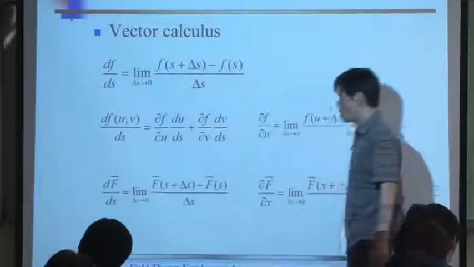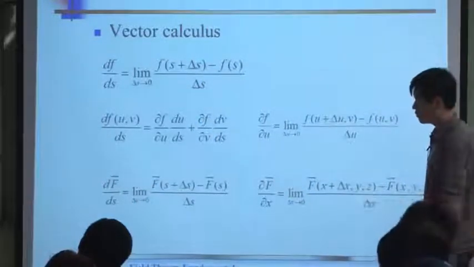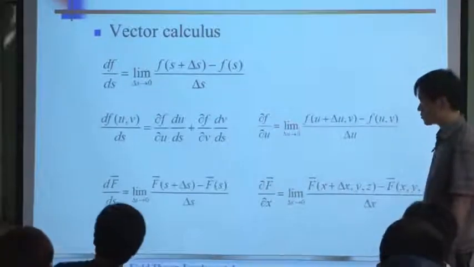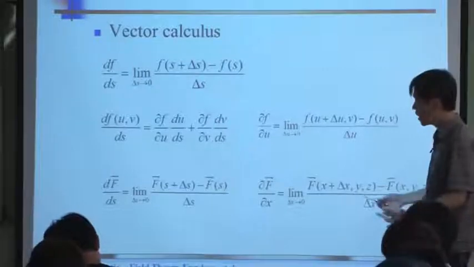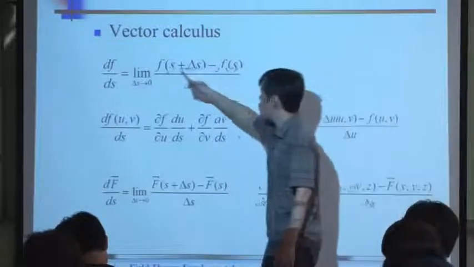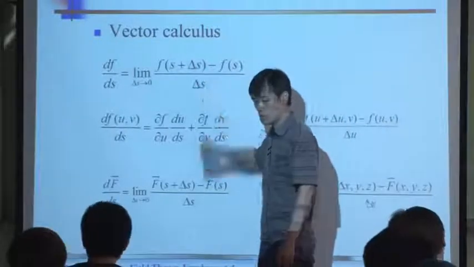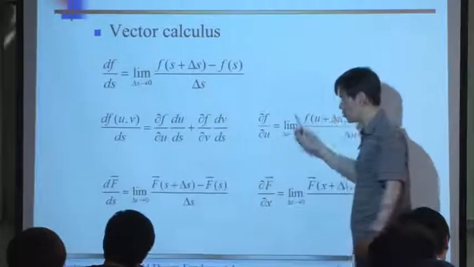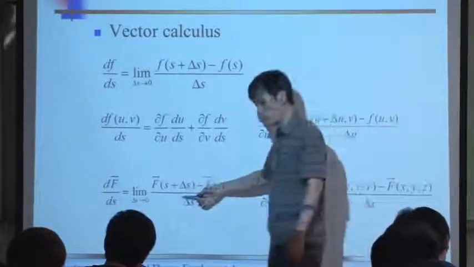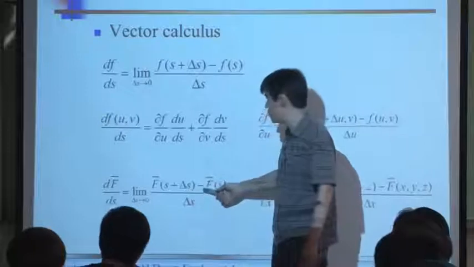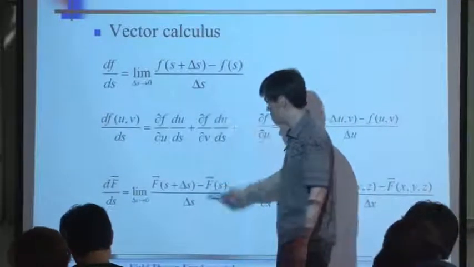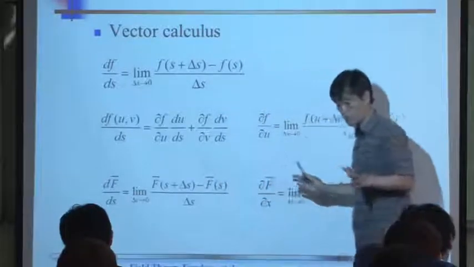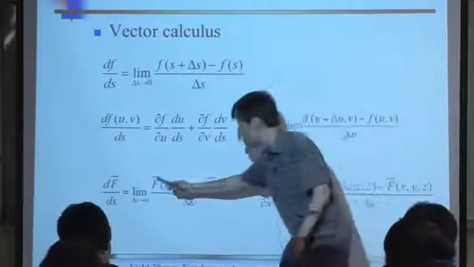Then, for the vector calculus, what is the difference? There is no difference. The same. Originally, we have this definition, and for the vector, the same definition. Okay, see, this equation and this equation, nothing different. The only difference is the arrow.